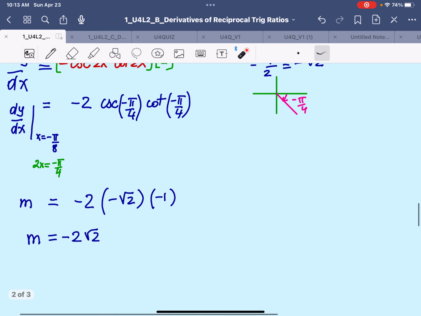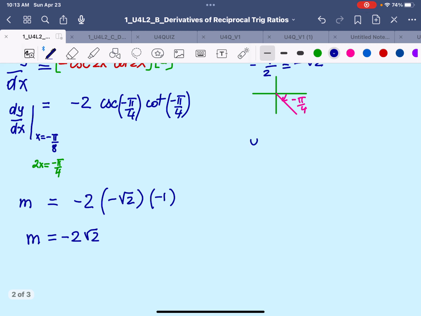So let's see what our equation has become. The equation of the form y equals mx plus b has a lot more numbers to fill in here. We have the slope, which is negative 2 root 2, the x value, which is negative pi over 8, and the y value, which is negative square root of 2, plus b, which is now the only unknown.